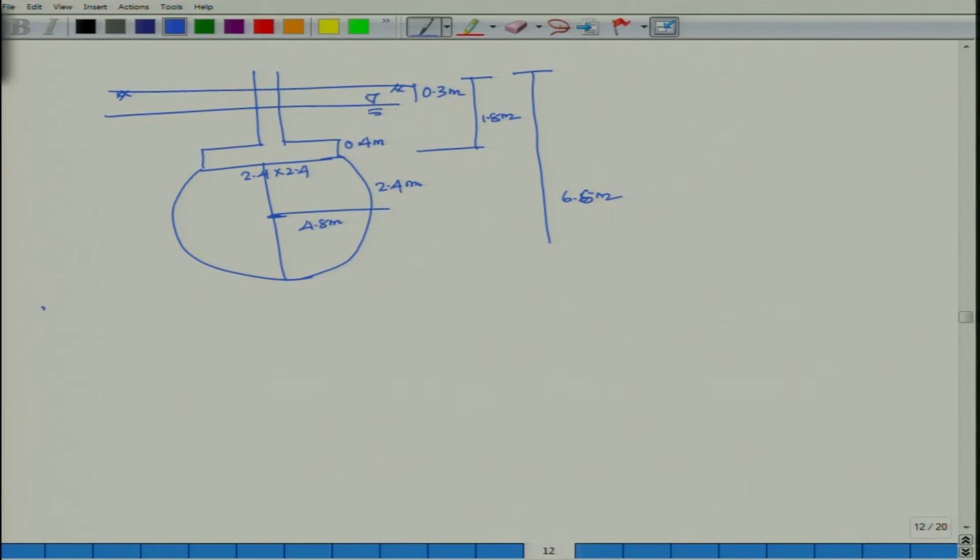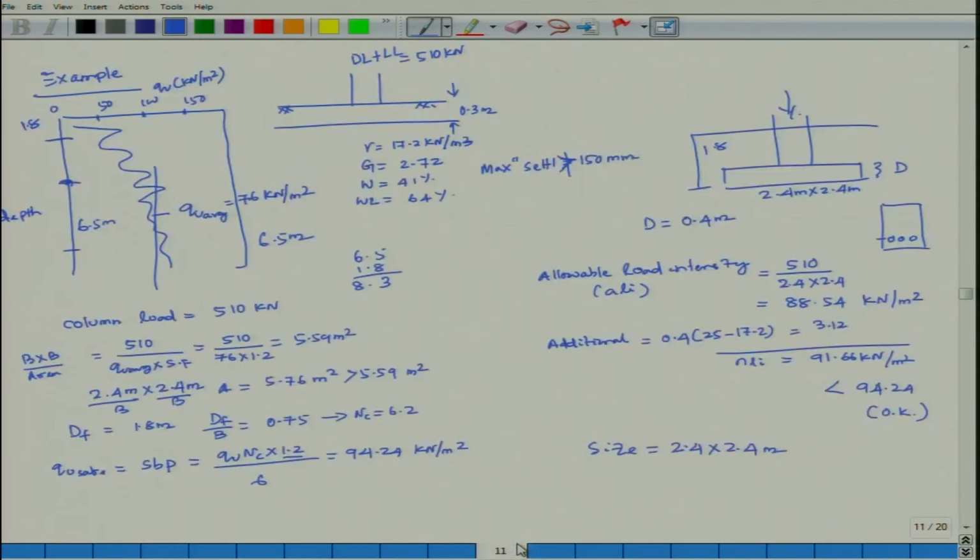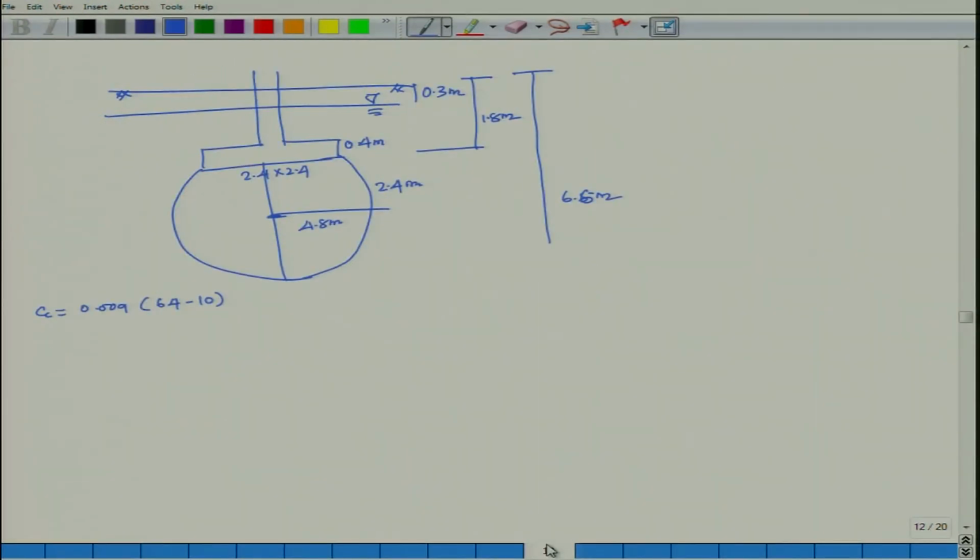Now, Cc is equal to 0.00964 into WL minus 10. WL is 64, given. Based on that, Cc I am getting 0.486.